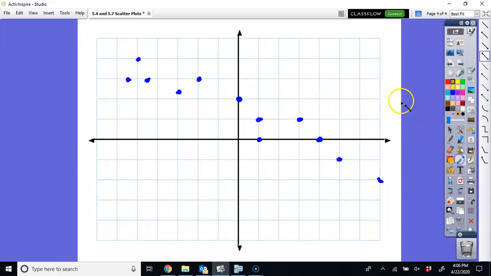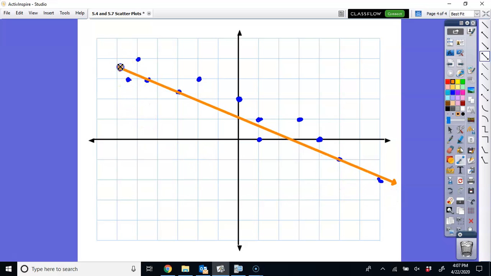Now, obviously, I'm going to repeat myself here when it comes to the equation of the best fitting line. This is not the best fitting line. Even this right here, let's go through a couple of points there, and this one right here.